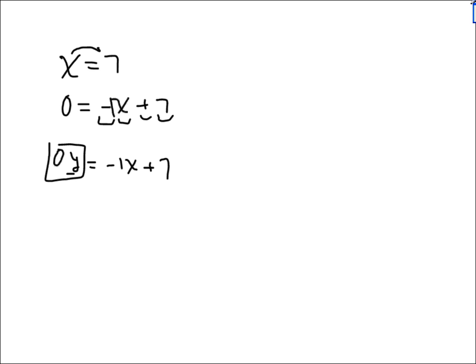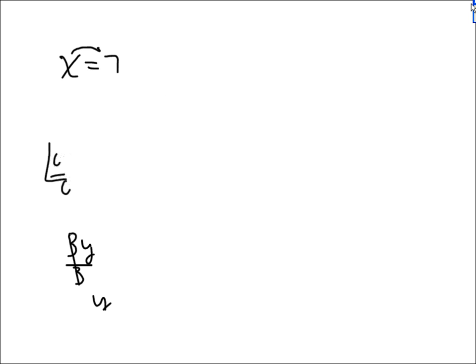If we had 3y equal negative 1x plus 7, not a big deal. I would divide by 3 and I would get y equals. But you can't divide by 0. So whenever it's x equals, you can't get it in standard form or point slope form. It just isn't going to happen.